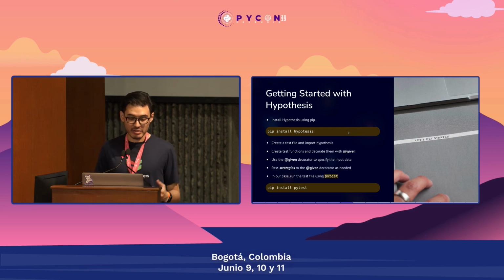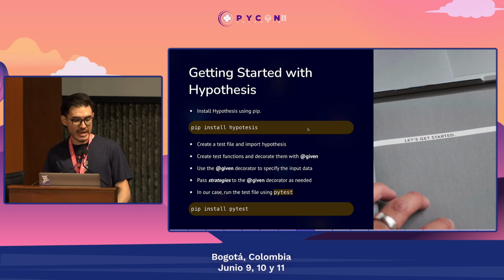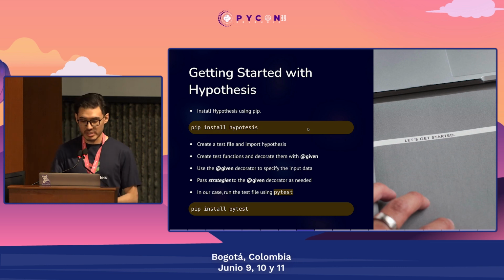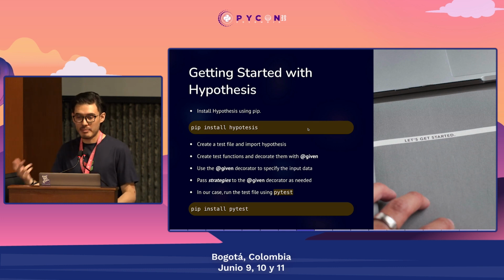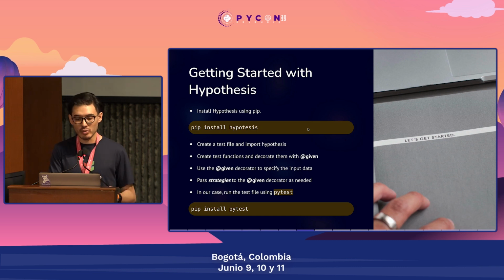Afterwards, we're going to create a test file like we normally do when we start testing our code. In this file, we're going to start writing test assertions or test functions, and in this specific scenario we're going to start using Hypothesis. What does that mean? We are going to decorate these functions with Hypothesis decorators to start sending input generation data to our testing process.